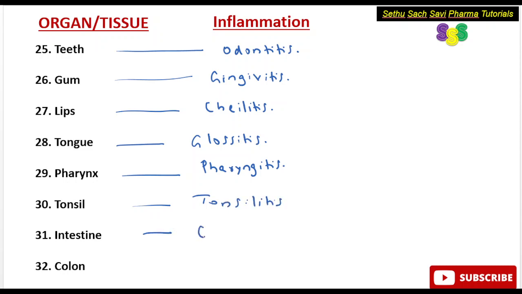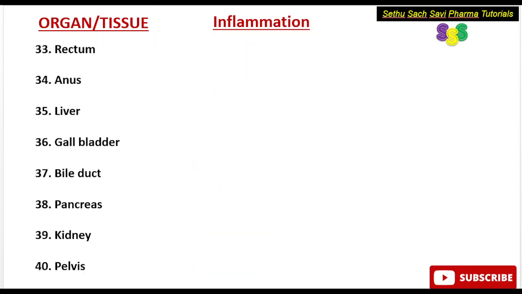Inflammation of intestine is called enteritis. Inflammation of colon is called colitis. Now coming to the inflammation of rectum, it is called proctitis, and the inflammation of anus is called anitis.